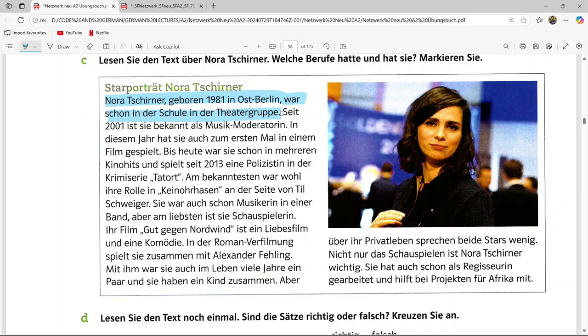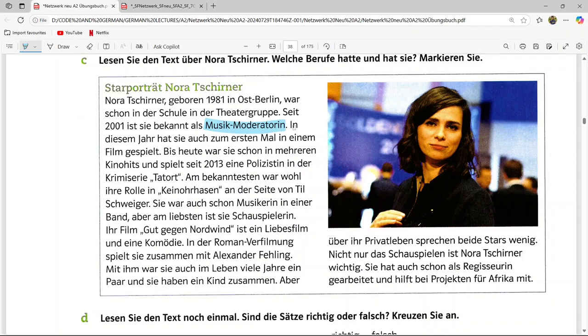So was already in the theater group at school. Seit 2001 ist sie bekannt als Musikmoderatorin. So since 2001 she is a well-known music moderator. So we got one profession: Musikmoderatorin.